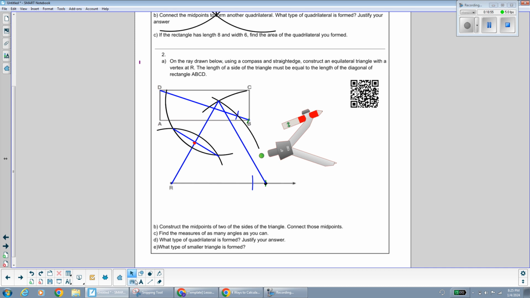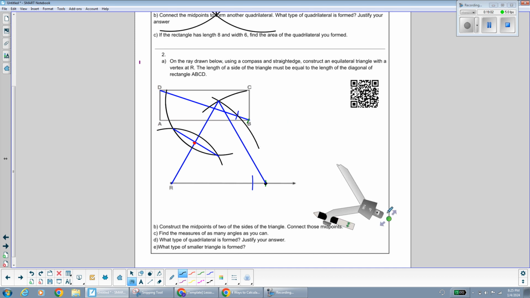Then we repeat and do the same thing on another side. I'm going to use this side over here on the right.